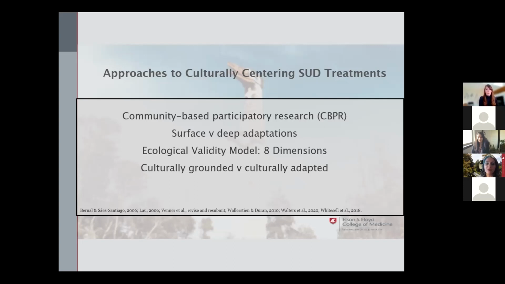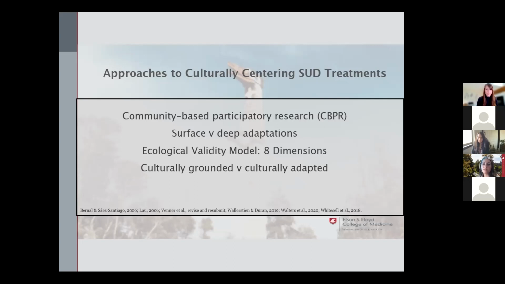Another thing that we think about is culturally grounded versus culturally adapted interventions. And so some people say there might be some potential tension between these two approaches. So culturally grounded, we think more of the intervention being developed within or by the community, and it stems from the worldview of the community.